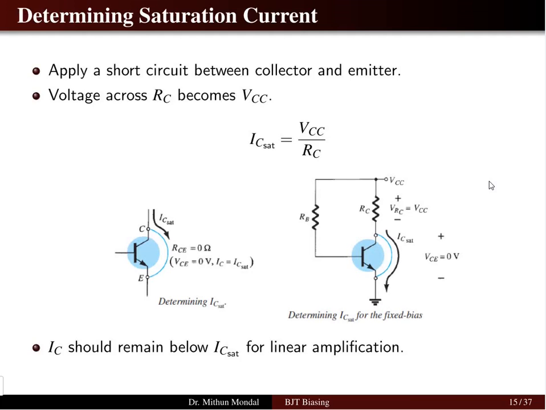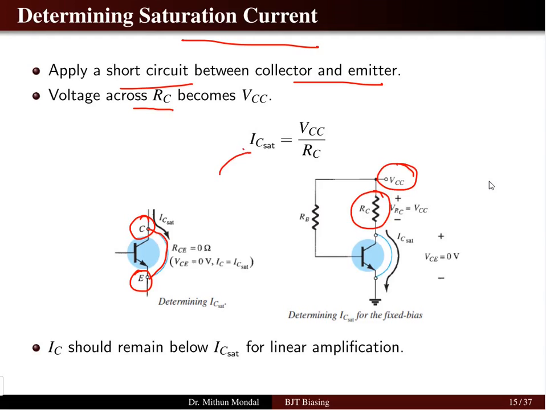To determine the saturation current, we apply a short circuit between collector and emitter. So this is your collector, this is your emitter. We virtually treat it as a short circuit here, and then the voltage across RC, the collector resistor, we estimate to be equal to the supply voltage VCC.